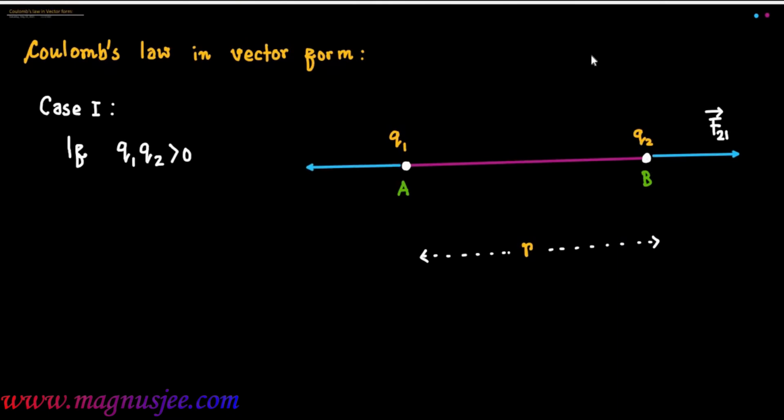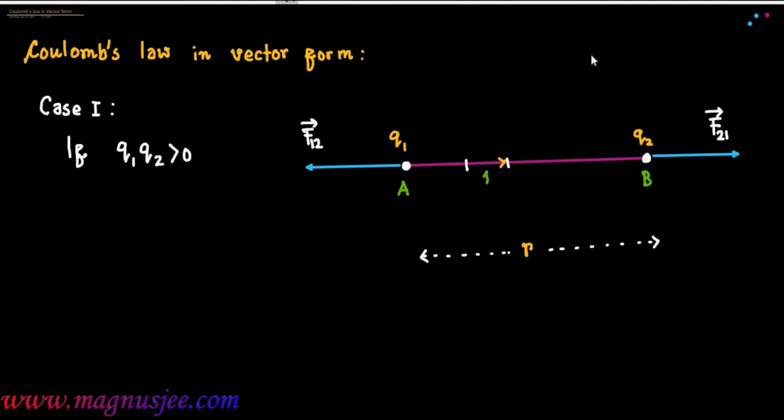Vector F21 is the force experienced by q2 due to q1, and vector F12 is the electrostatic force of repulsion experienced by q1 due to q2. So F21 and F12 are the two electrostatic force vectors.